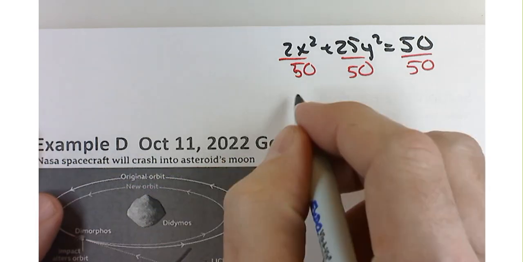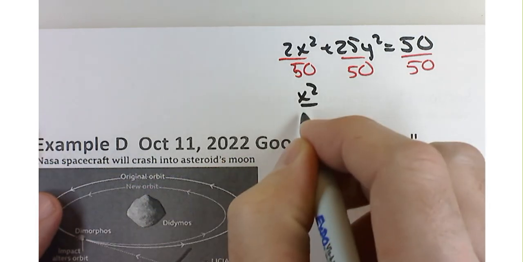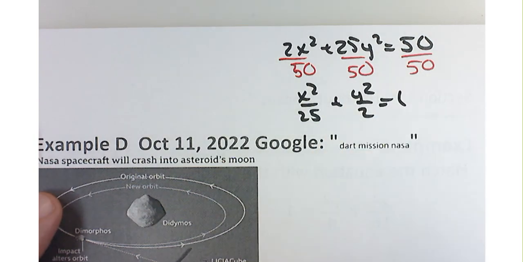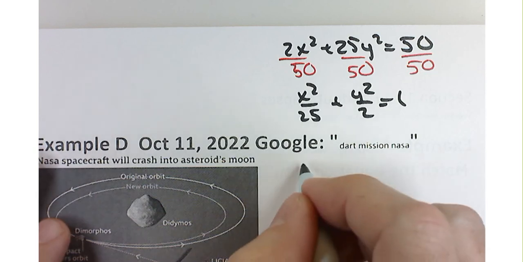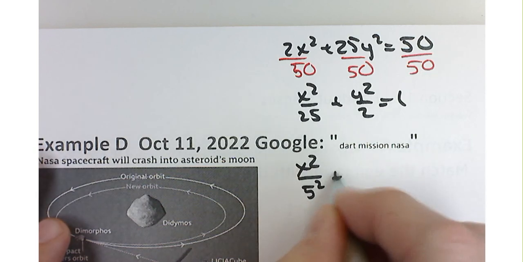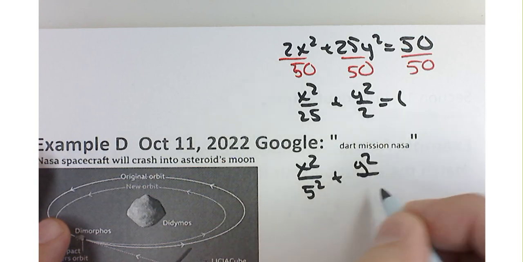All right, so it's going to be x squared over 25 plus y squared over 2 equals 1. Thank you both. Now this first one, I can rewrite as x squared over 5 squared. That's pretty easy.